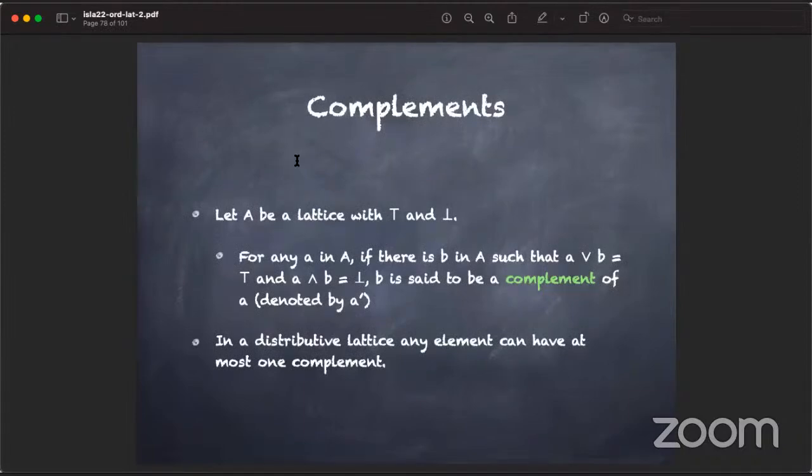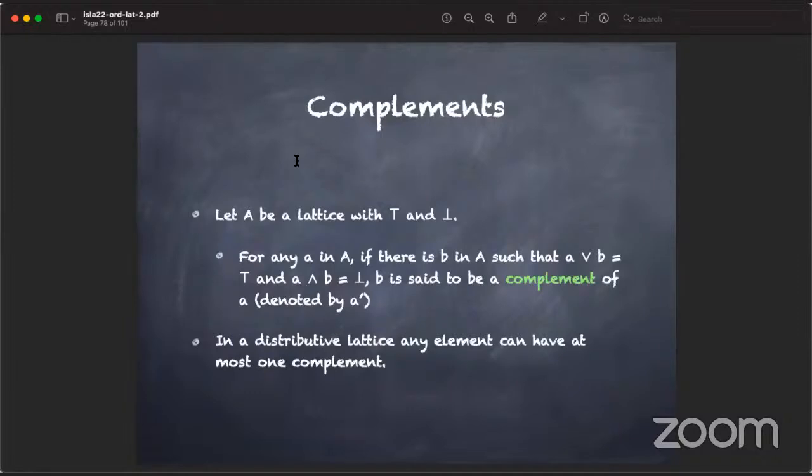One important note here: if you consider a distributive lattice, then any element can have at most one complement. Once again, it's an exercise for you. You can check it quite easily. Suppose you consider an element A in a distributive lattice and suppose it has two complements, B1 and B2.